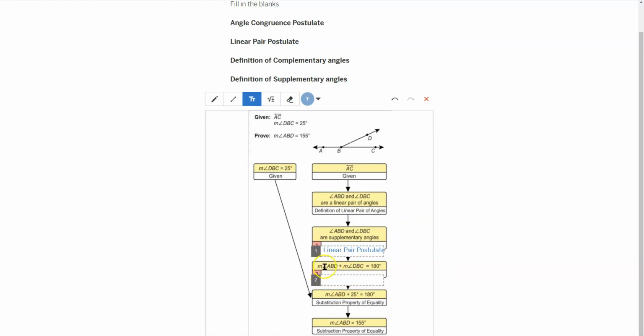Then the measure of angle ABD plus the measure of angle DBC equals 180 degrees. Ooh, 180 degrees is the definition of supplementary angles. Remember, if 2 angles add together and equal 180 degrees, they're considered supplementary angles. So you can go ahead and put that right there.